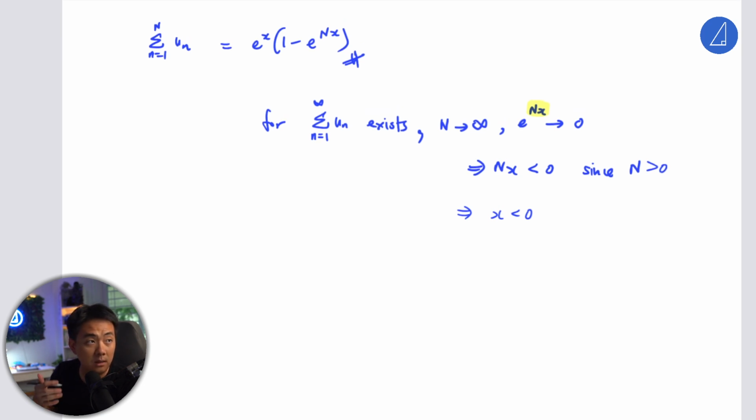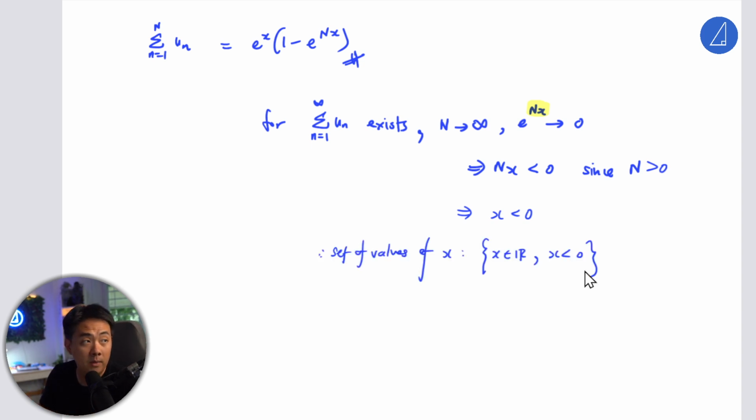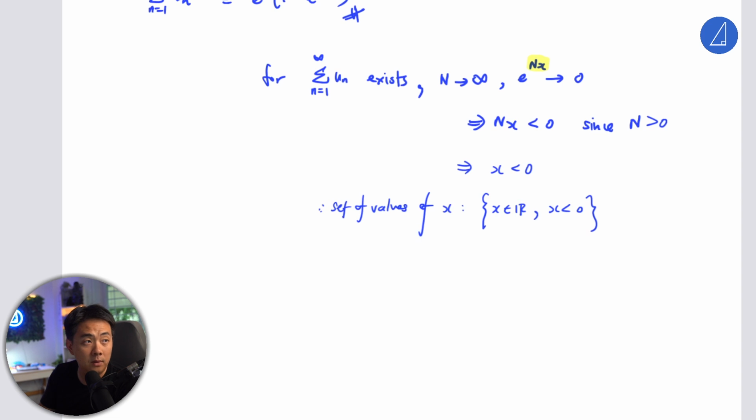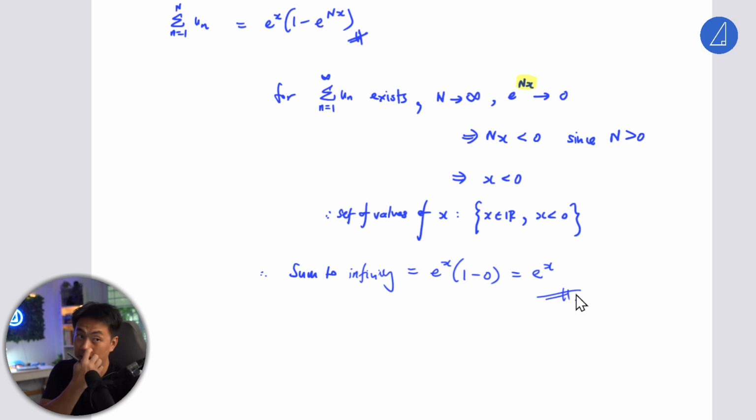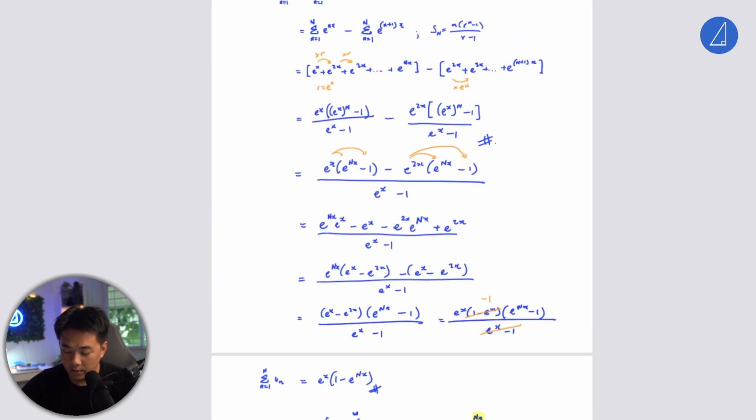So this is the set of values of x, and they want it in set form. Now state the sum to infinity. Hence the sum to infinity will be, since this goes to 0, e^x(1 minus 0), which is just e^x.